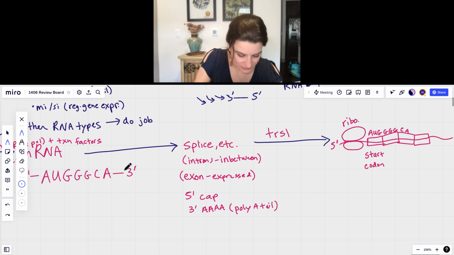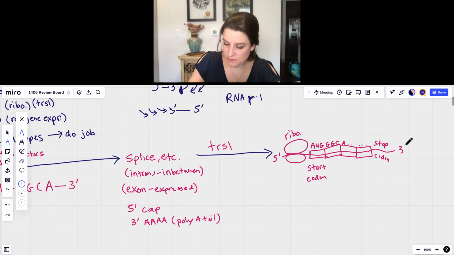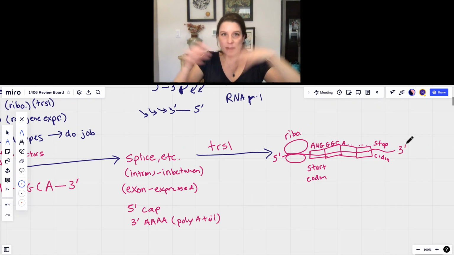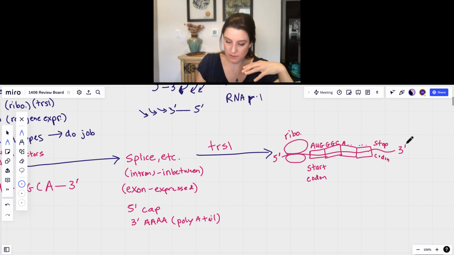AUG, GGC, A, blah, blah, blah, etc., until you get to a stop codon. And there's 3 different stop codons. And then the ribosome, the mRNA, and all that stuff falls apart, or disassociates.